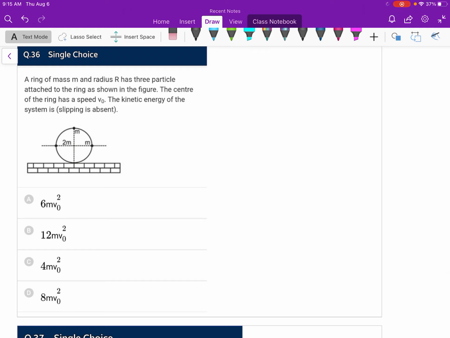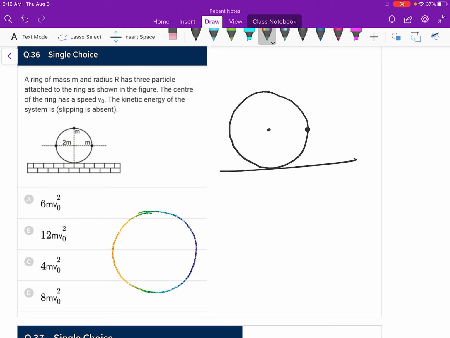A ring of mass m and radius r has 3 particles attached. The center of the ring has speed v0, find the kinetic energy of the system. So guys, for the particles attached, we need to calculate the total speed first for writing their kinetic energies. So the velocity of any point in rolling, you learn this point that for a rolling object, if A is the contact point and AP is the distance of point P, then velocity of point P is omega times AP and perpendicular to AP.